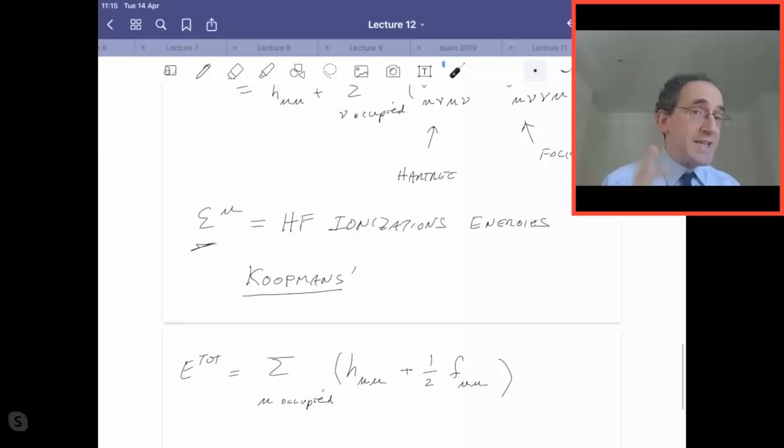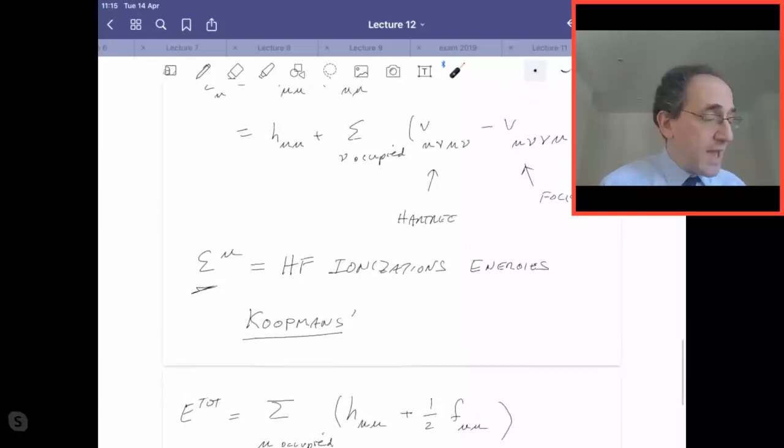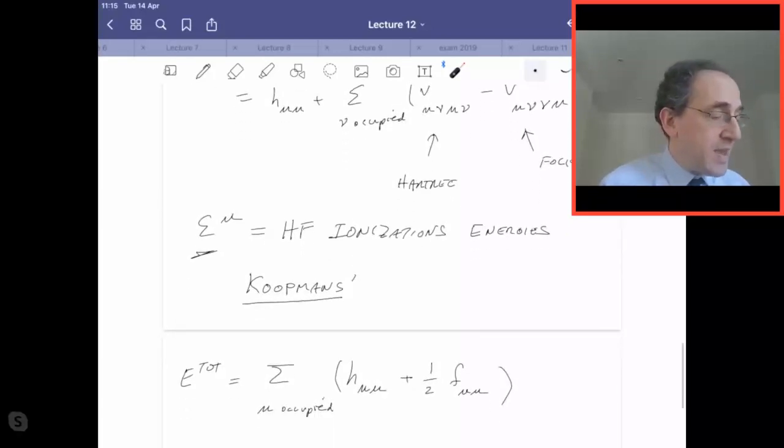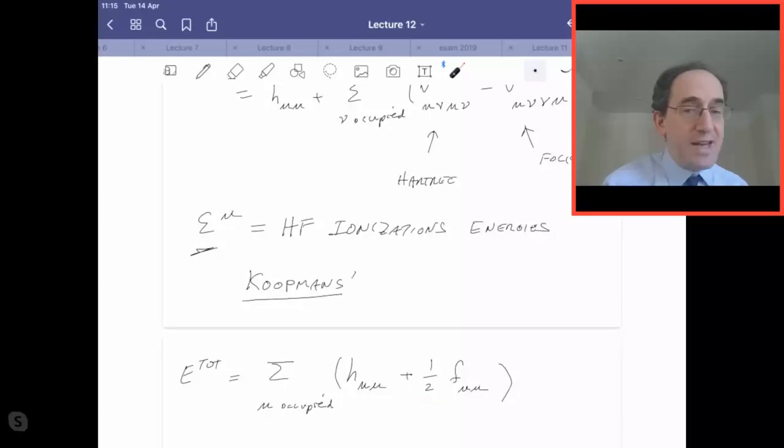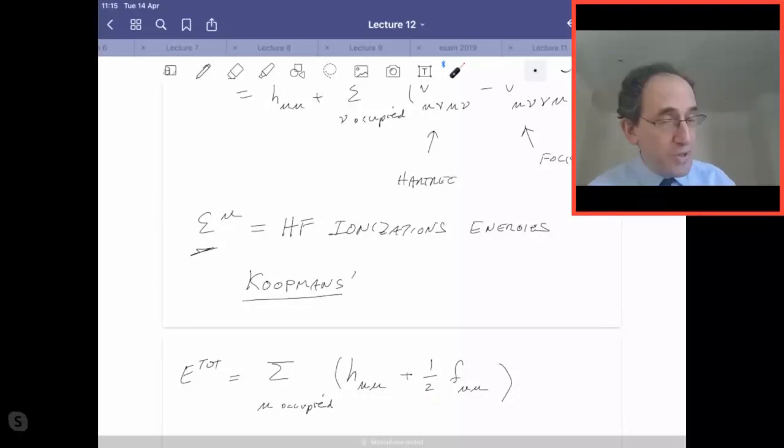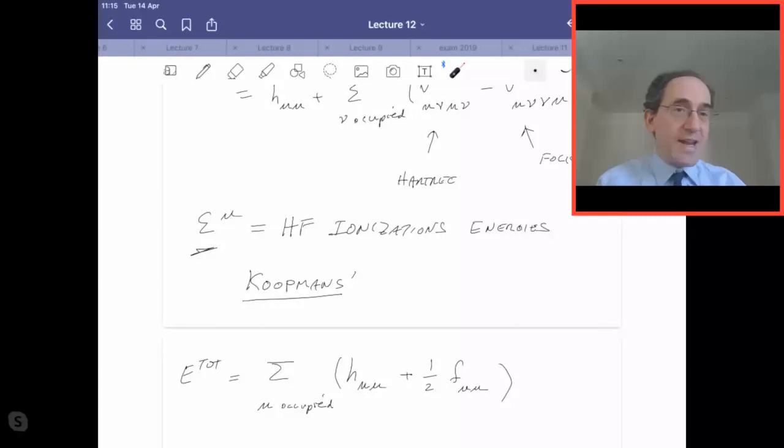However, if I'm trying to calculate the total energy, I only want to count 1/2 of that interaction energy, because half belongs to particle mu and half belongs to particle nu. Otherwise, I would calculate the interaction of mu with nu and also of nu with mu. So that's where this factor of 1/2 comes from.